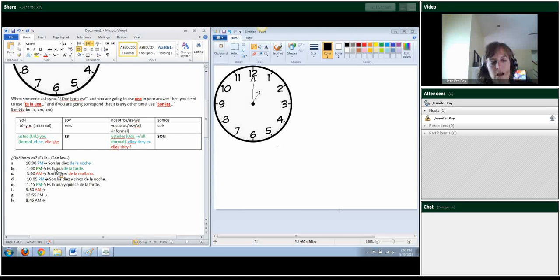Okay. Now, you can do a little bit more with this, there's a couple of ways. You could either say "es la una y 15," or go over here. Let me get rid of this.